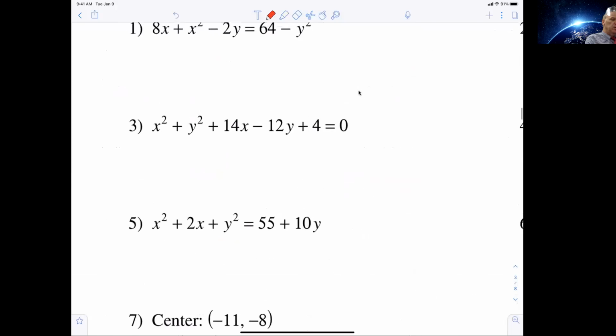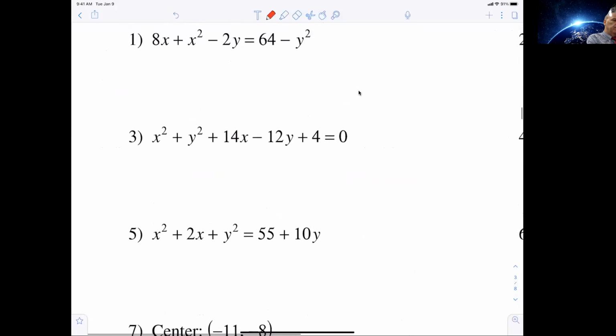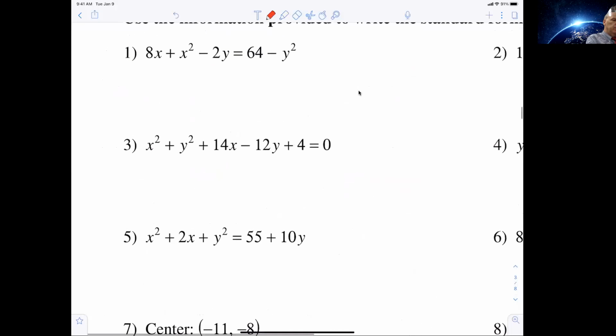Okay, here we go. Everybody take a look at number 1. Let's write it. X squared plus 8x, leave a space, plus y squared minus 2y, leave a space, equals 64. So half and square, what do we got? Plus 16. Half and square, plus 1.